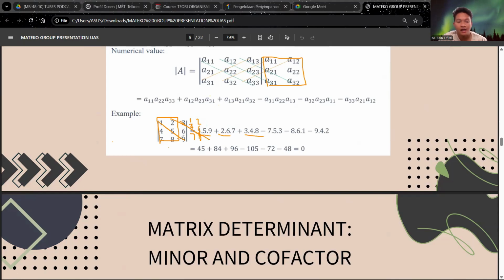Here and here. Then we calculate 7 times 5 times 3, plus, minus, and 8 times 6 times 1. So we add minus. And the last one, 9, 4, 2, multiplied together. Then the result is 45 from this.